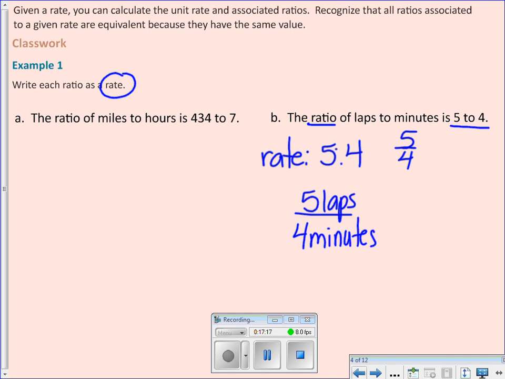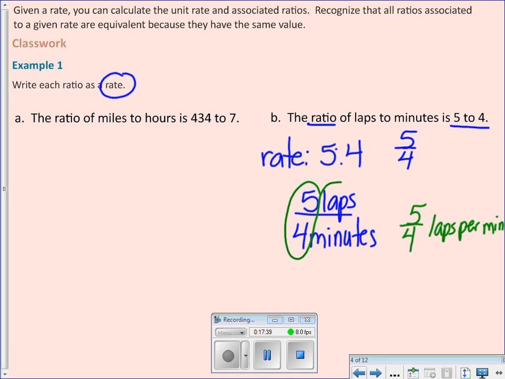They can sometimes pull out that unit rate, even though it's not real. They'll take out the rate and say it's 5/4 laps per minute.